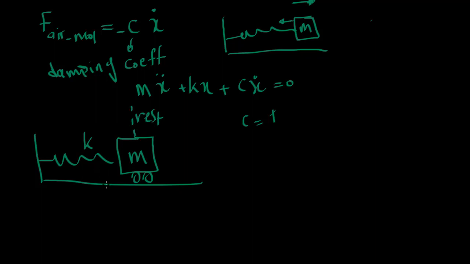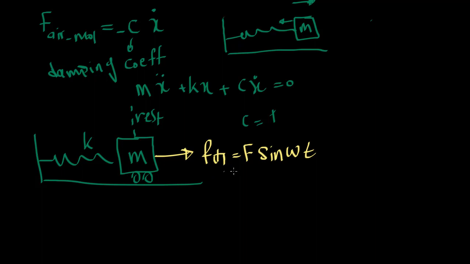We don't give an initial velocity or initial displacement to the particle, but there is a force that is acting on the particle. Let's say you have a force F of t, which is, for example, a constant F times sine omega t. So this would be called forced vibration.